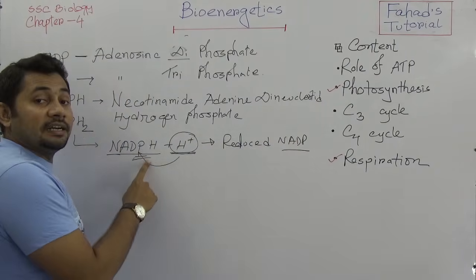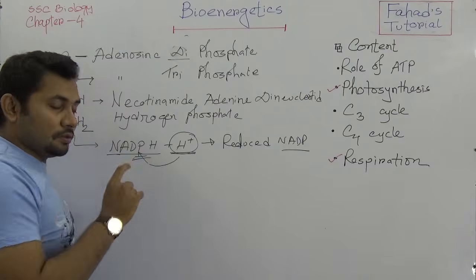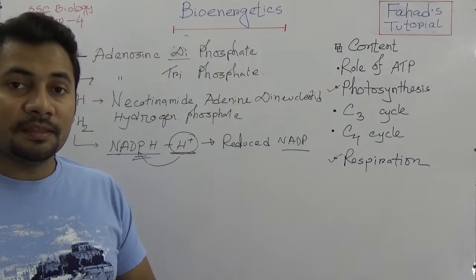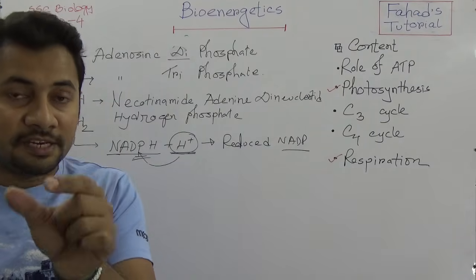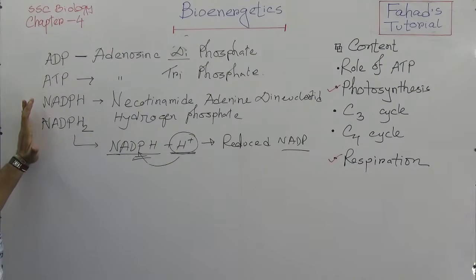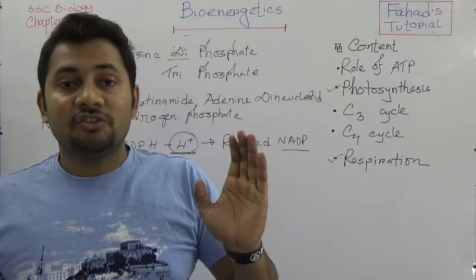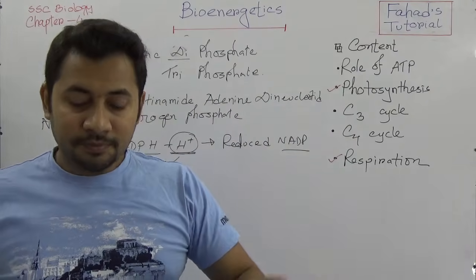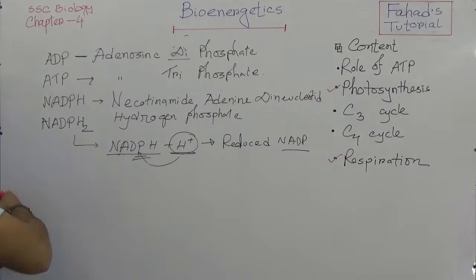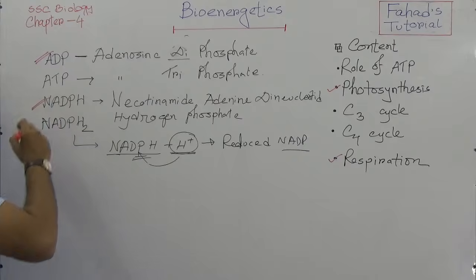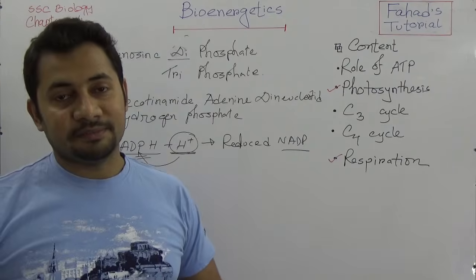So I just explained in the very first part of this lecture these four words: ADP, ATP, NADPH and NADPH2, and these two will be the most common words to explain this chapter.